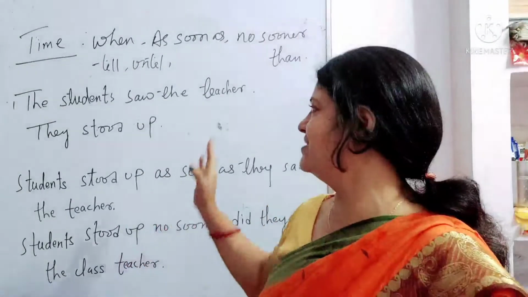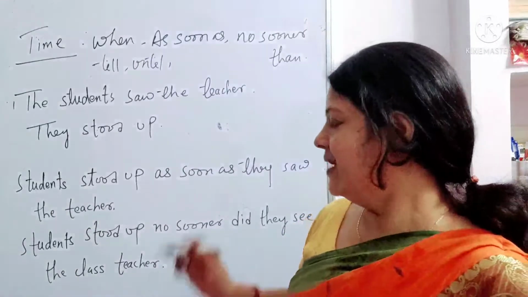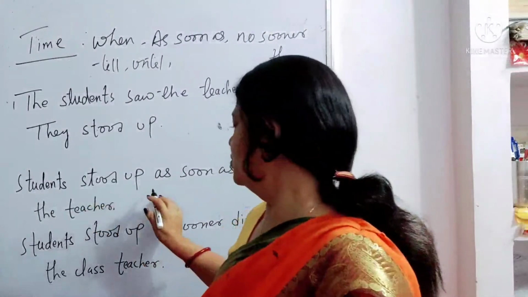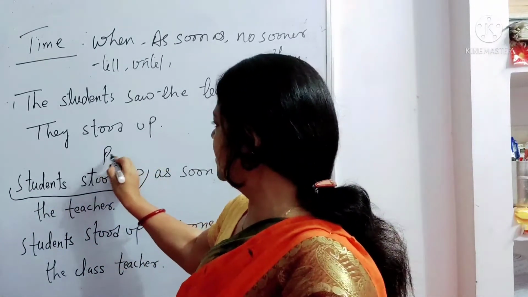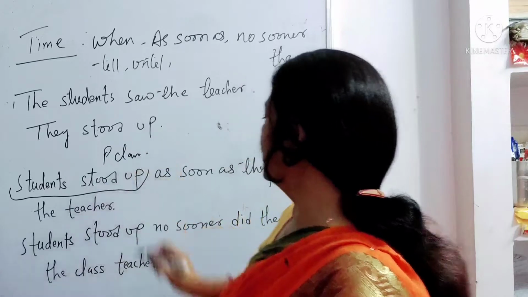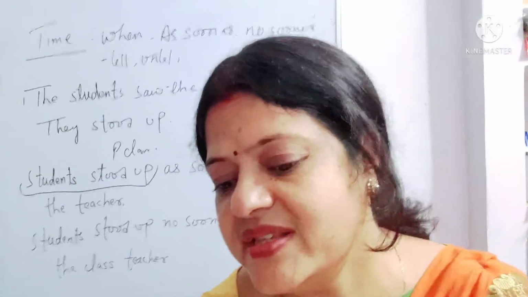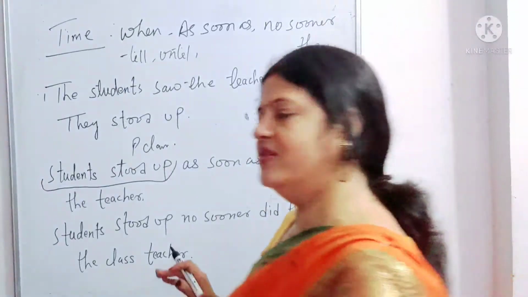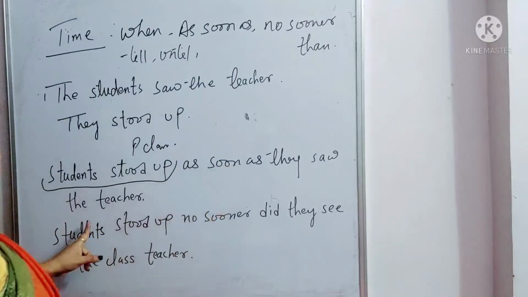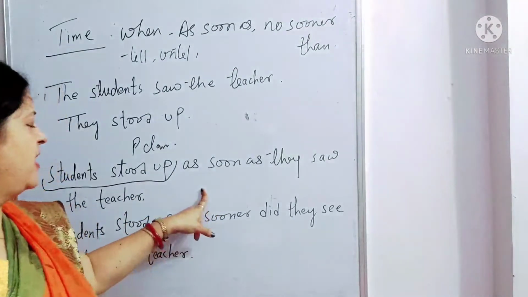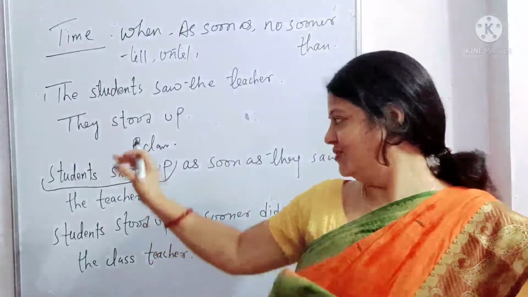I have added these two sentences and now it has become a complex sentence. Students stood up, till here we have the principal clause. And now as soon as they saw the teacher. Let me come to this side because the camera is not going that far.